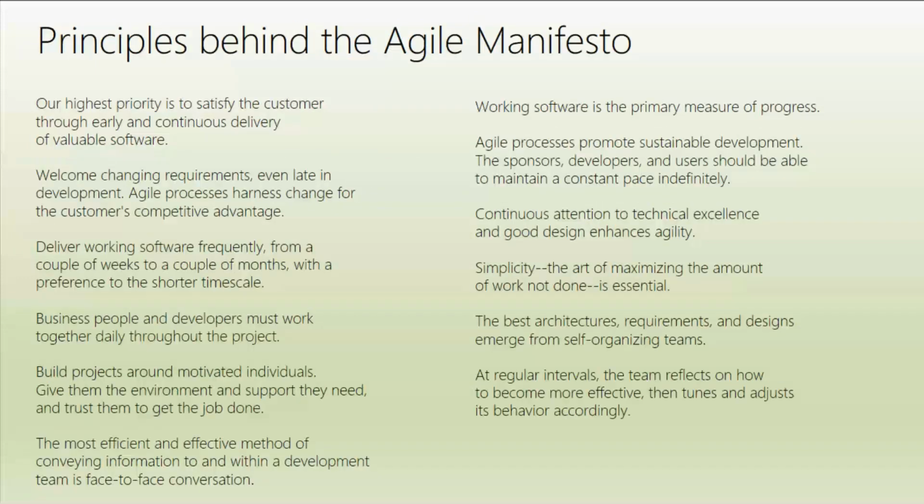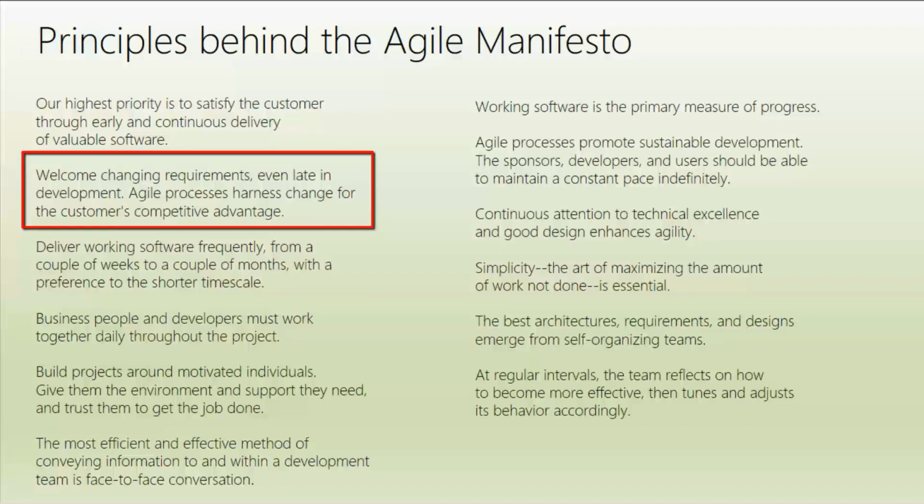Here are certain principles that are behind the Agile Manifesto. So there are several principles. Obviously, the screen is full, right? So I'm not going to go over these. I just want to show you these and highlight certain important ones. For example, welcome changing requirements is the second one down on the left side of the screen that I want to highlight.